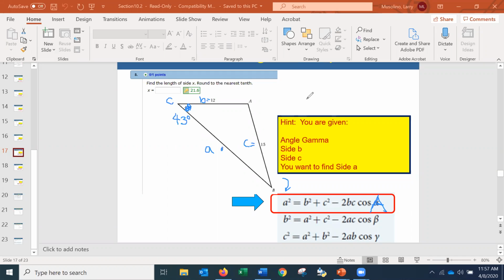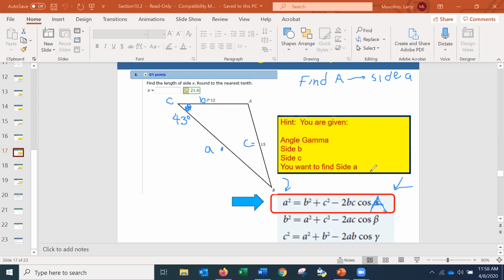If I could find angle A, then that would let me find side A. Do you agree? Because if I know angle A, I could use this formula highlighted in red to figure out side A. But I don't know angle A yet.